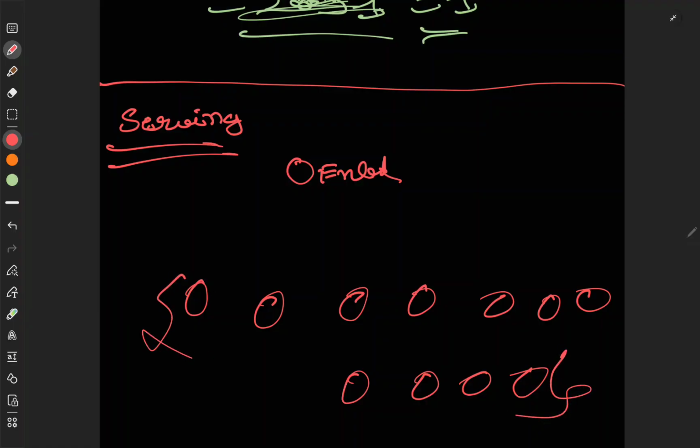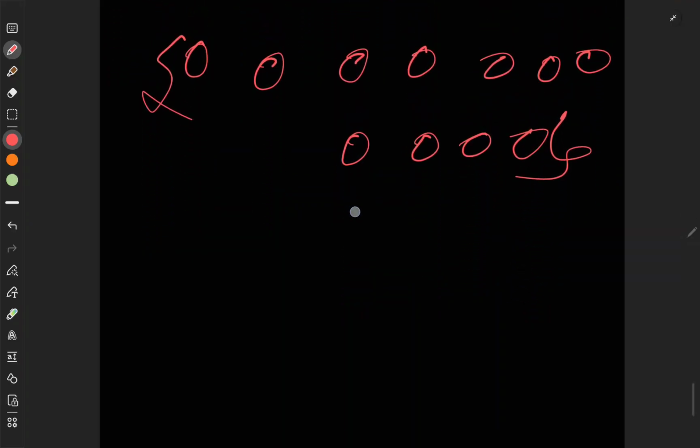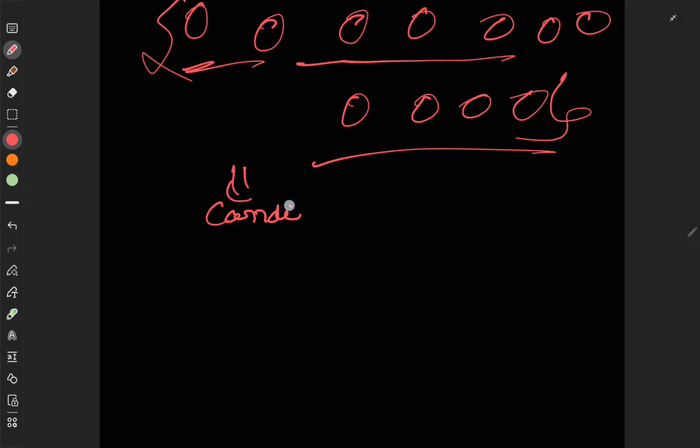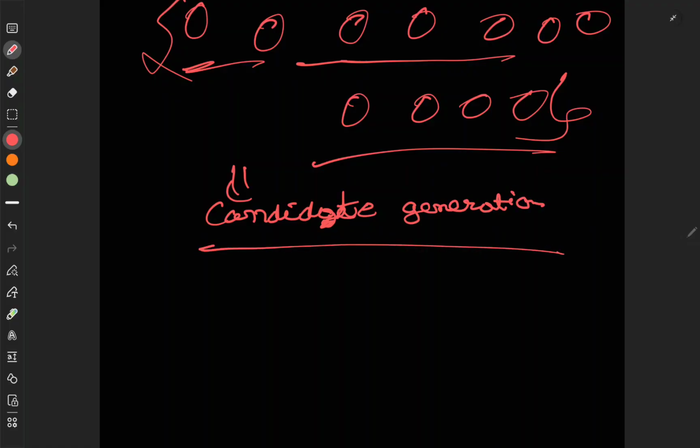How would we do that? This decreasing of sample size is called candidate generation. Here I'm not going to use my model, but I have to decrease this 1 billion to a quantity where I can apply my model.